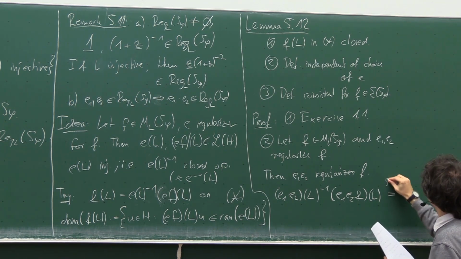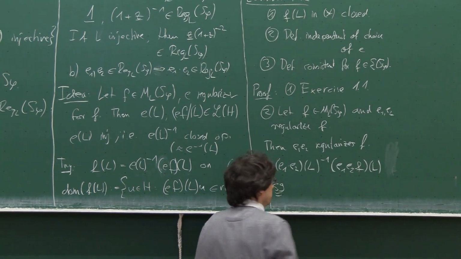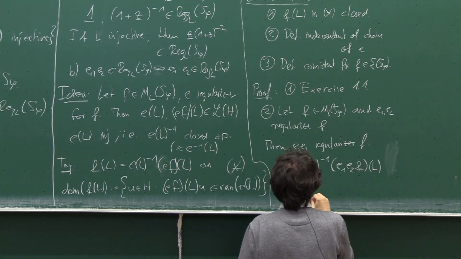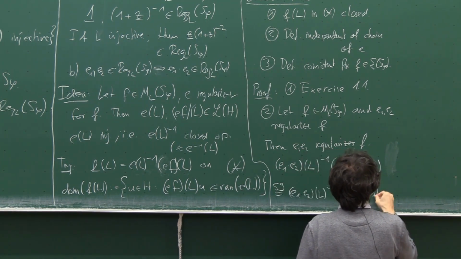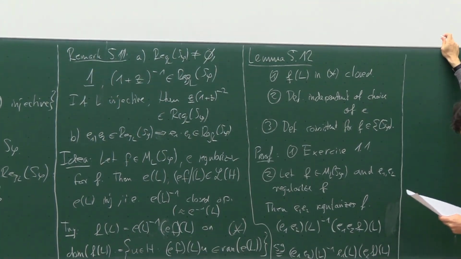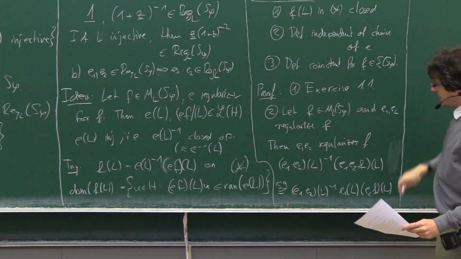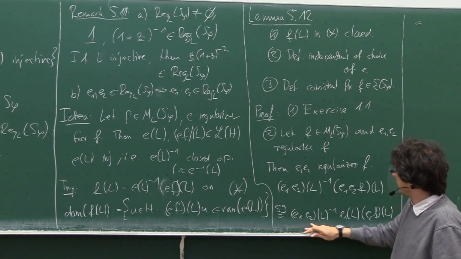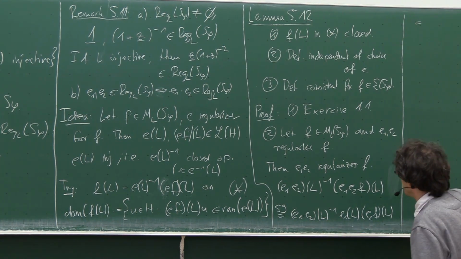So by the property that our functional calculus on the Dunford-Rees class is an algebra homomorphism, you can write this as E1E2 of L to the minus 1, E1 of L, E2f of L. Now, E1 and E2 are both in the Dunford-Rees class, so you can write this as E1 of L times E2 of L. And then the inverse gives you E2 of L inverse times E1 of L inverse.